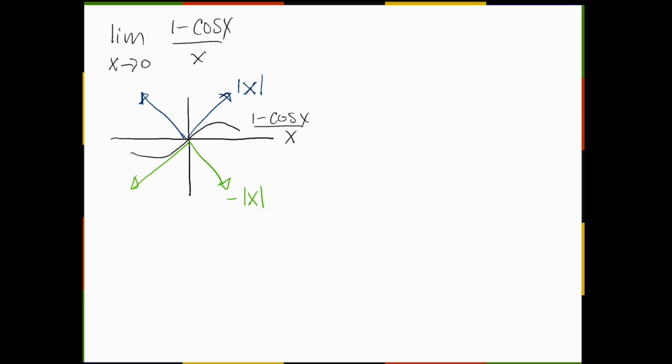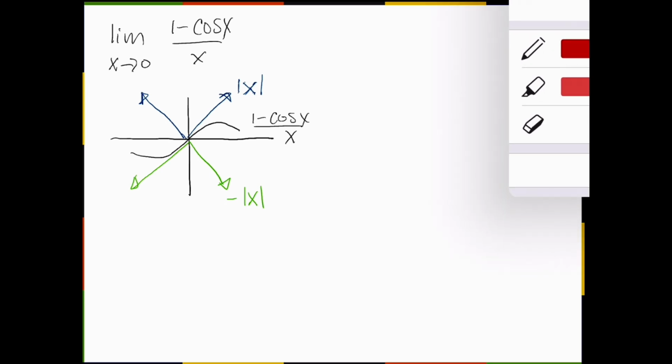So as you can see from the graph, when I'm looking at the area around x is 0, that function, 1 minus cosine x over x, is squeezed between the absolute value of x and negative absolute value of x.